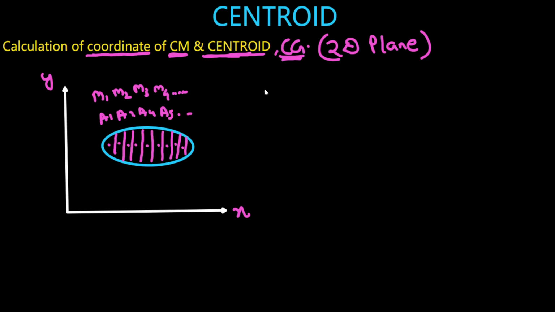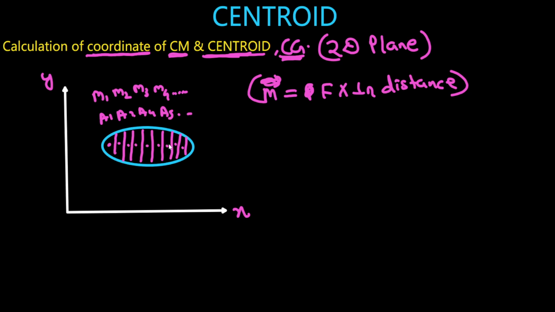Okay. So what I'm saying, if I calculate the moment of, see, we have calculated the moment of force. Moment vector was equal to the force into perpendicular distance. Okay, this was the simple way for calculating the moment of the force. Now I'm saying to calculate the moment of the weight or moment of the mass.